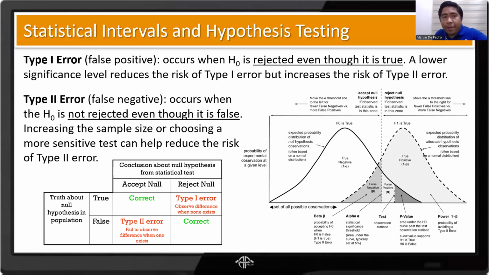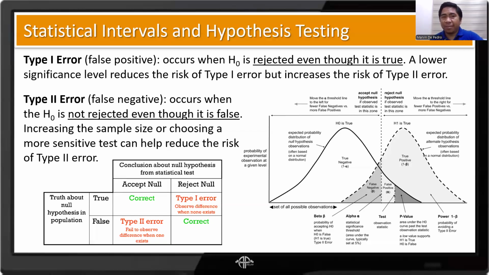Type 1 error occurs when the null hypothesis is rejected even though it is true. To prevent that, a lower significance level is used. The lower significance level will reduce the risk of committing such an error.